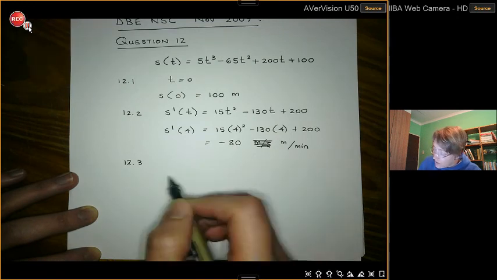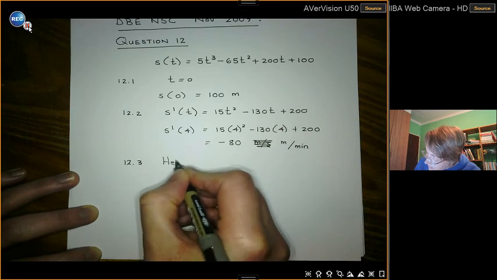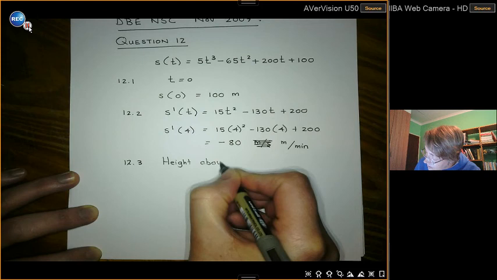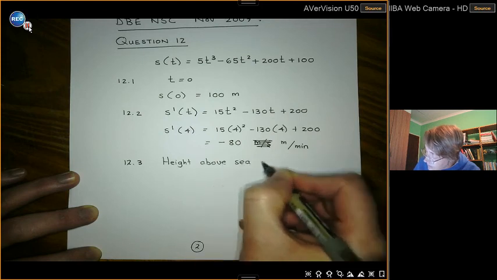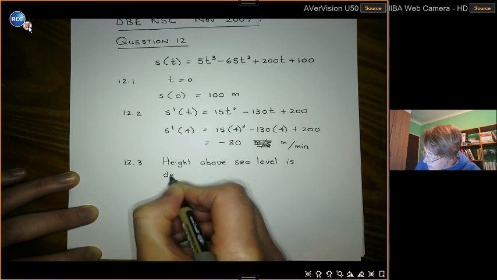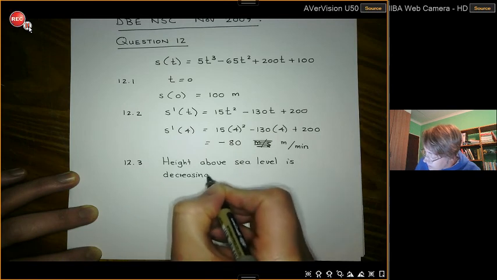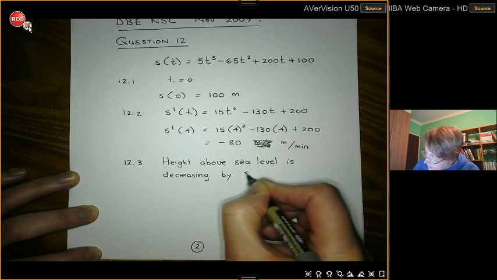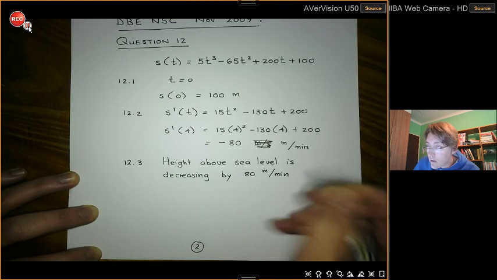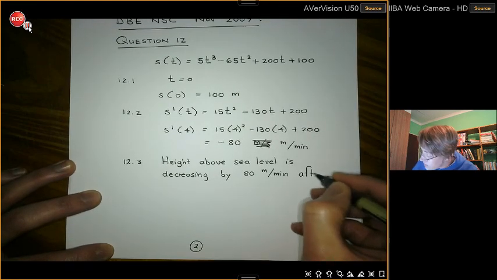So in this case, we're going to say the height above sea level is decreasing by 80 meters per minute after 4 minutes.